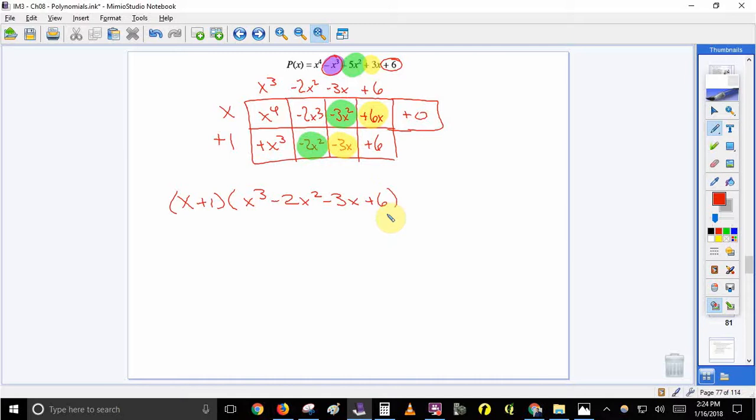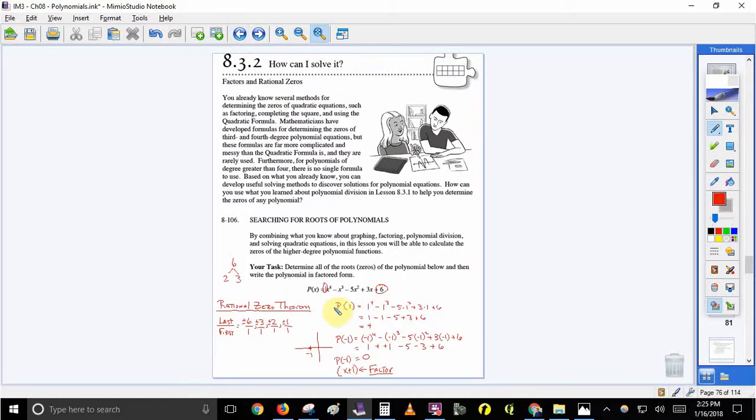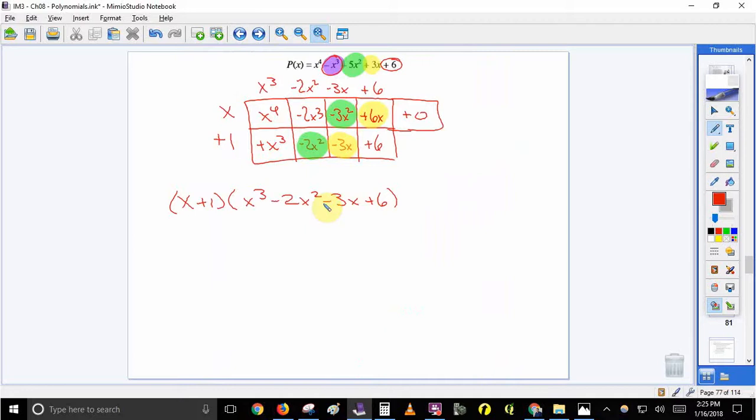And we need to factor the new one here. Well, we still have a 6 at the end. We're still going to want to test factors of 6 over 1. We've already checked 1 and -1. Let's try 2 and -2 and see if that goes into here.